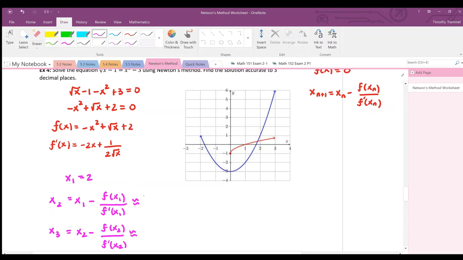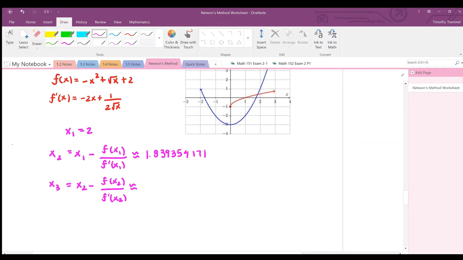x2 is about 1.839,354,171. And I'm writing it out to all these decimal places for a reason. I'm going to want us to compare as we go here.